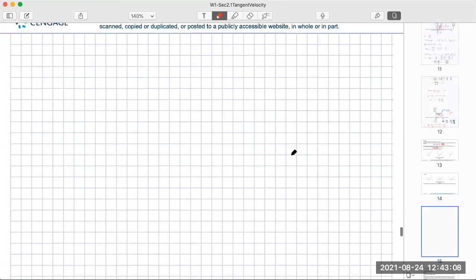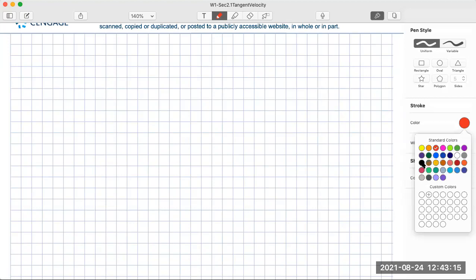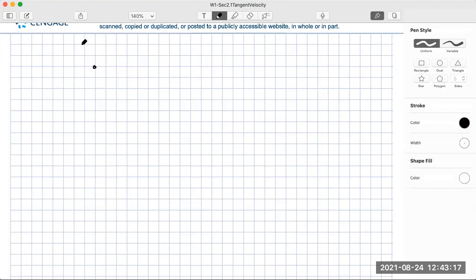Now, imagine if you are walking or driving from LSU to where? Where do you want to go? Walmart, okay. And suppose the distance is 40 miles, okay?